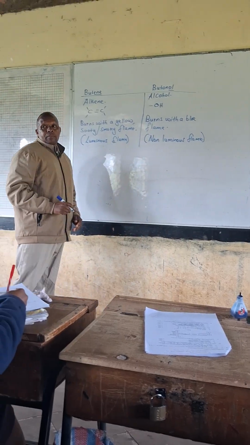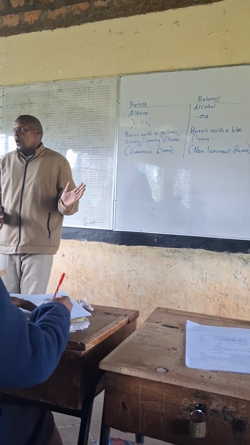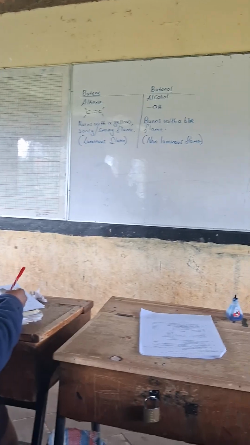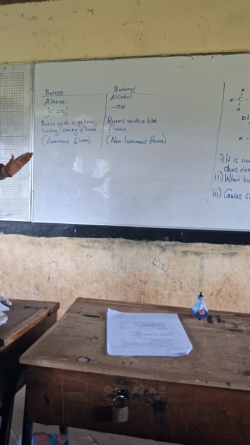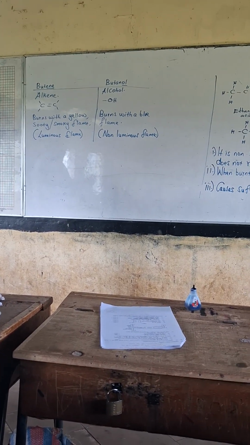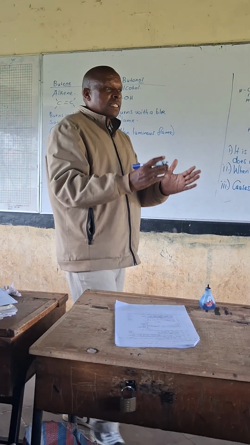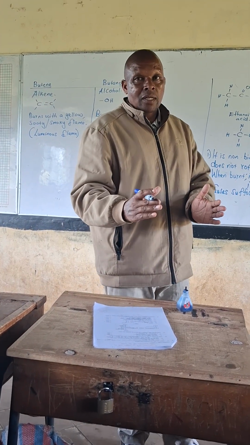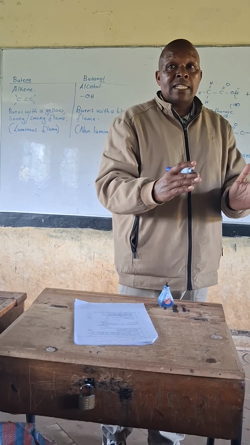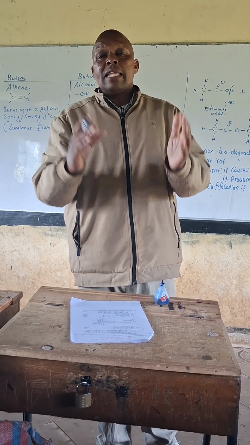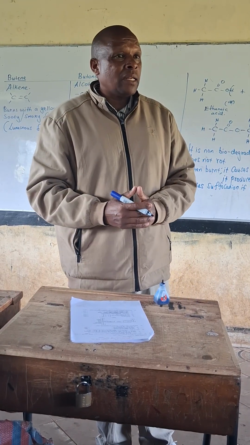Now to describe how this can be done, we can start by looking at the flame test. So what would you say? Burn the two substances separately. When you burn the two substances separately, what will happen?